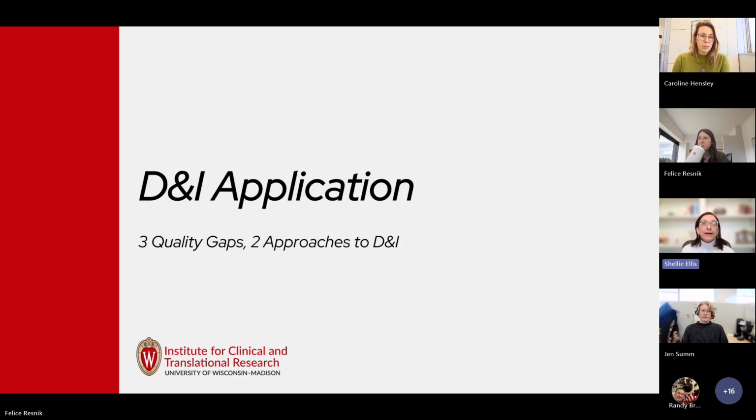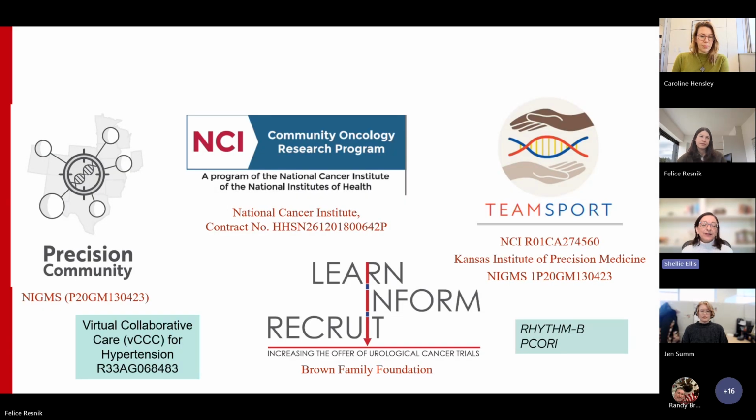I mostly work in the cancer care delivery space, thinking about how to get evidence-based practice, mostly around treatment for cancer, into community settings, and particularly rural settings, as well as unusual cancer care delivery settings like urological practice. But I'm going to talk today about a couple of projects, because I also get involved as a team scientist in multiple projects, and some of those are more directly relevant to family medicine.